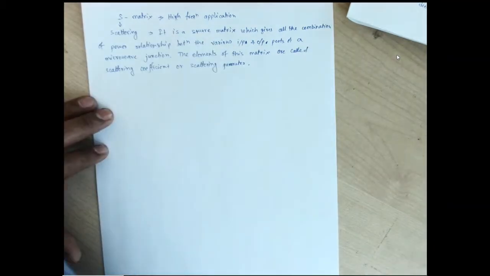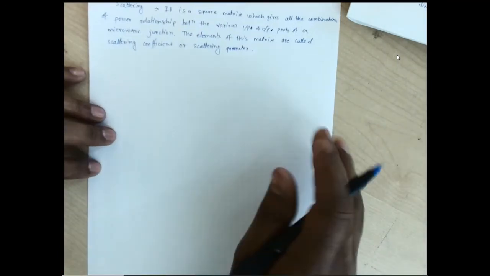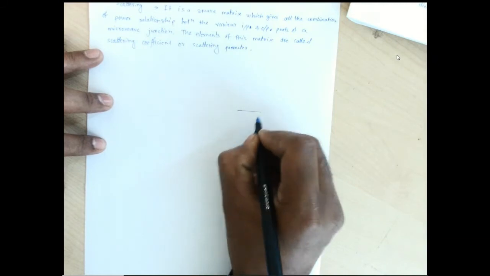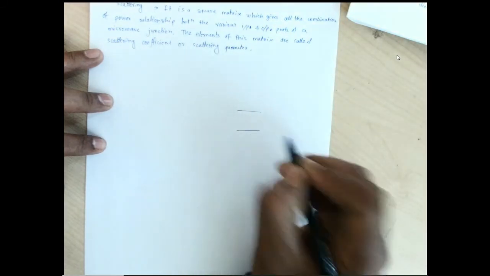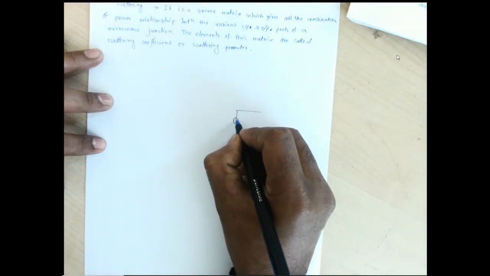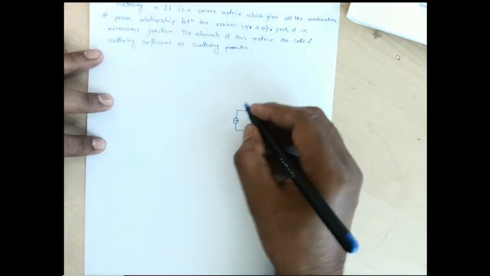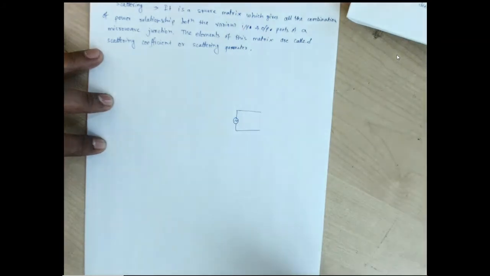Now let us consider a network which has a source connected here. A source is connected, so from this source different loads are being connected.